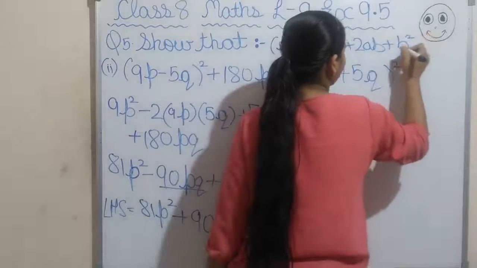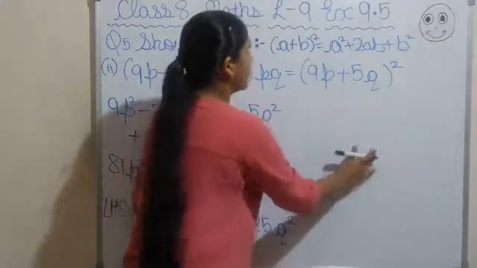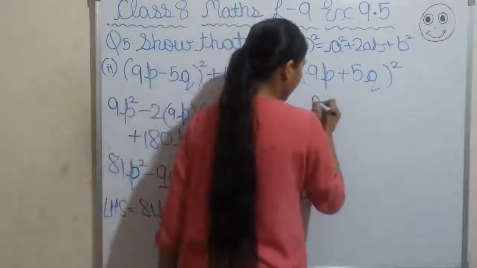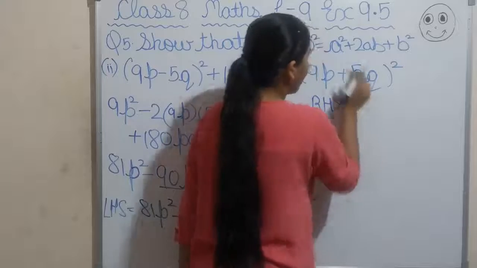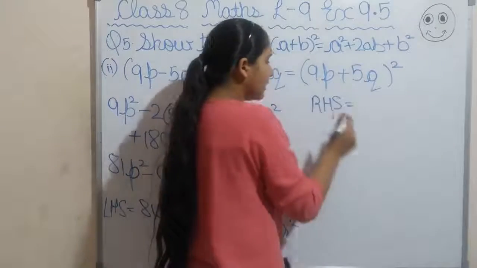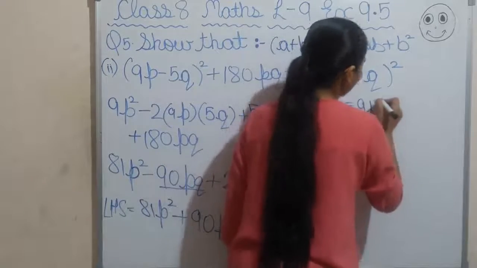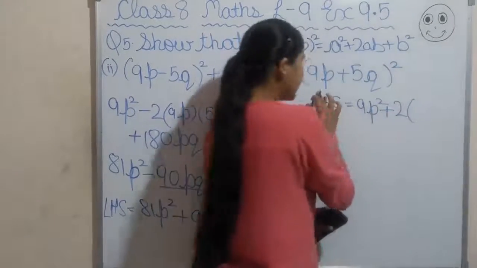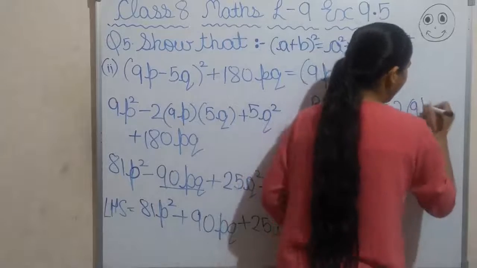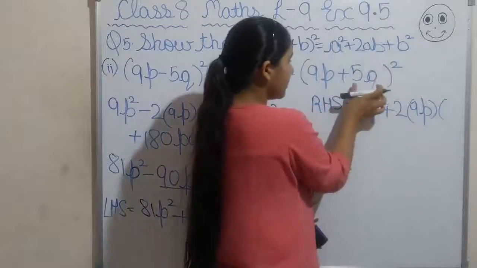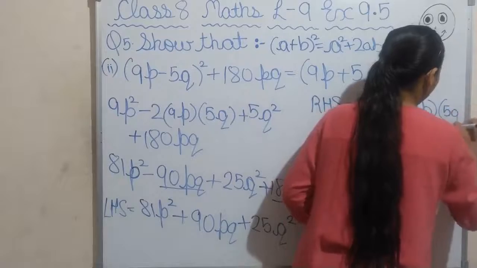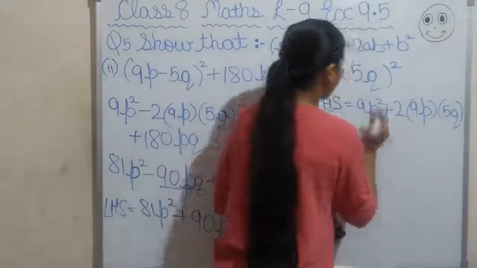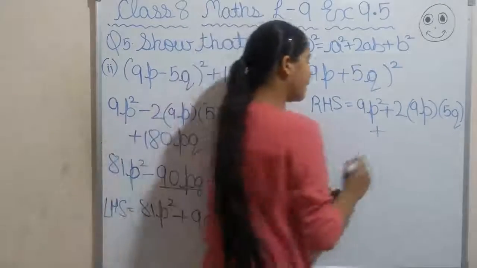So RHS is equal to a square, which is 9p square, and after that plus 2ab, so plus as it is, 2 into 9p multiplied by 5q, then plus b square, which is 5q square.